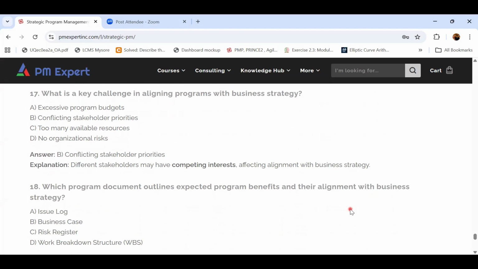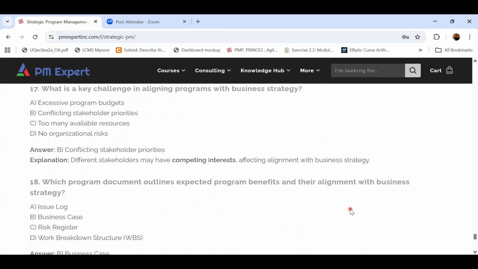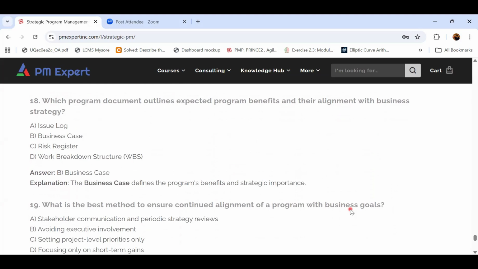Business case, right? Because all three others are not. We'll have the program work breakdown structure, WBS, we'll learn about it. But the issue log and register, they are very generic documents. They're not strategic, right? So all three are not reliable for strategy.